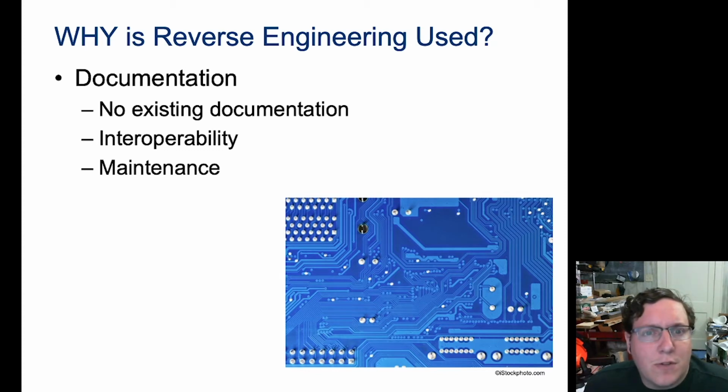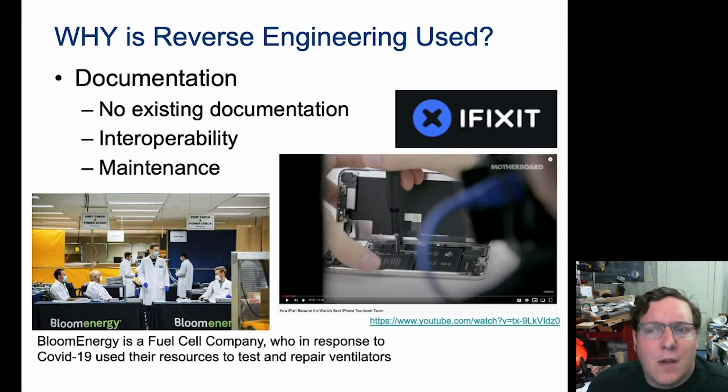We can also use it to make sure that things are interoperable. Just because it works for one system doesn't necessarily mean that it works for another. Computer compatibility could be an example of interoperability and why we use reverse engineering. And then of course we can use it for maintenance. If you've got a part that's broken or that may fail, how do you prevent that? So a few examples.